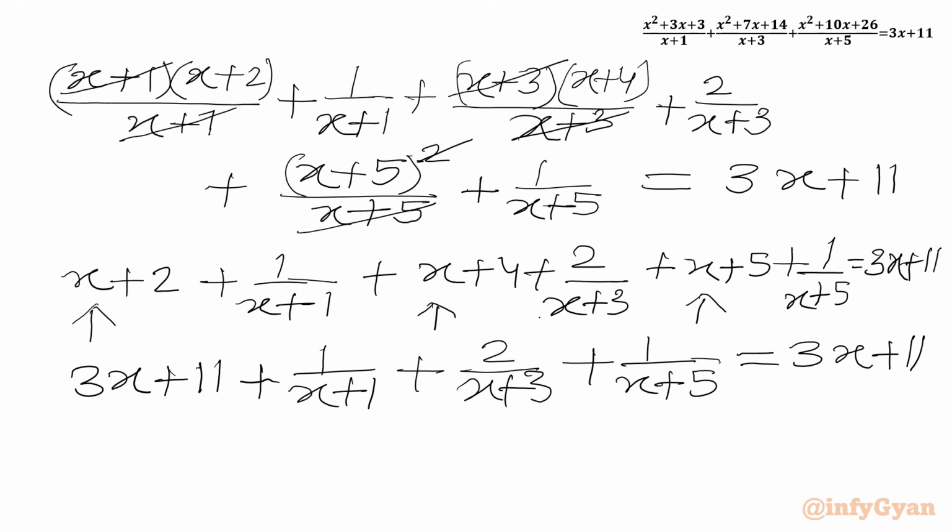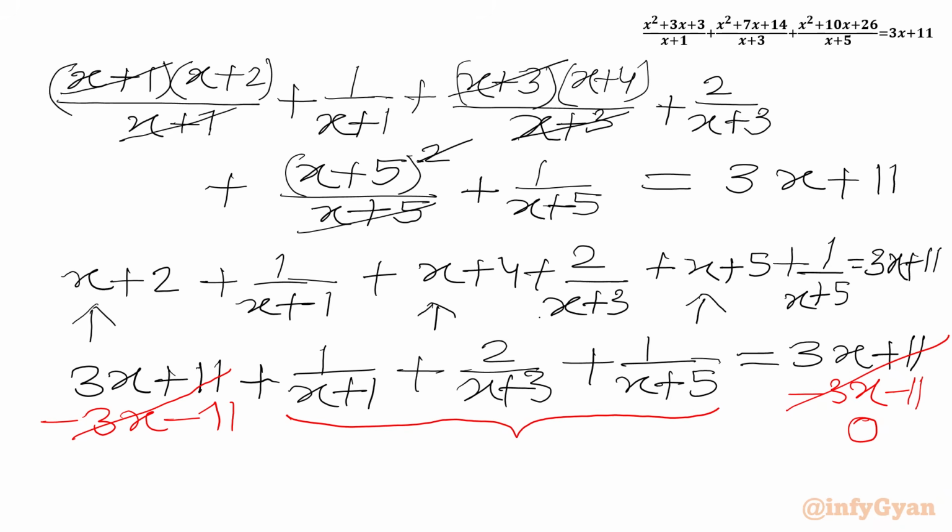Now we are going to subtract 3x plus 11 from both sides. I will write minus 3x minus 11 on both sides. So our RHS will become 0. These two terms will get over, so only these three terms will be left on the left hand side.